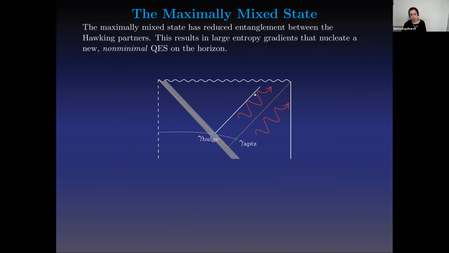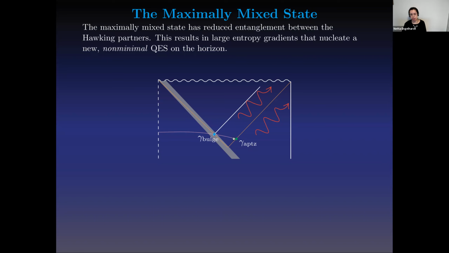And in that state, there is a lot less entanglement between these two partners. And the fact that we have broken entanglement between these two partners results in very large entropy gradients in the far past.